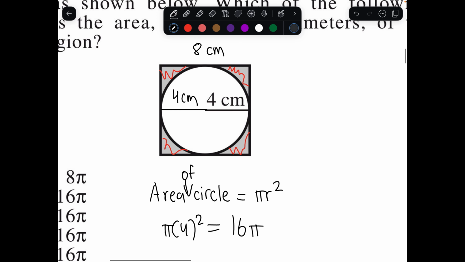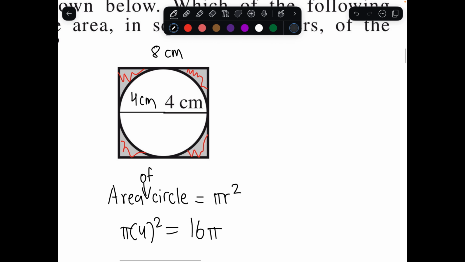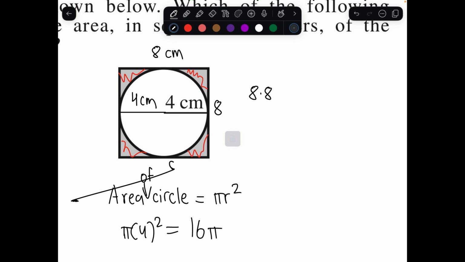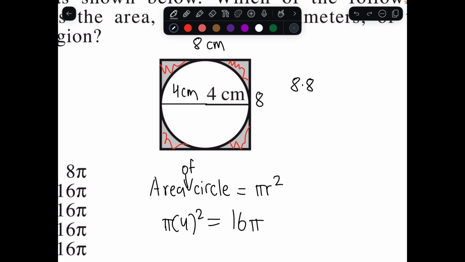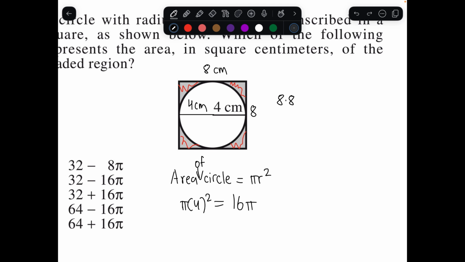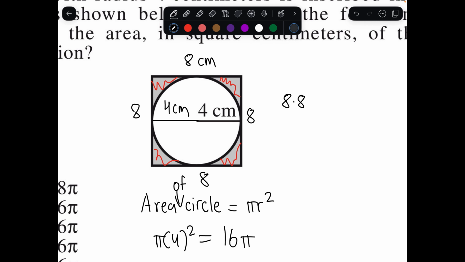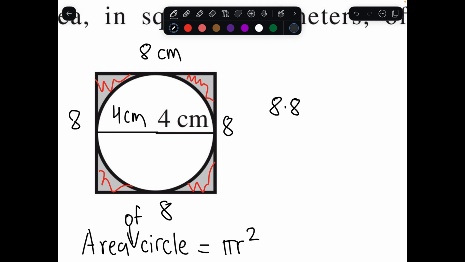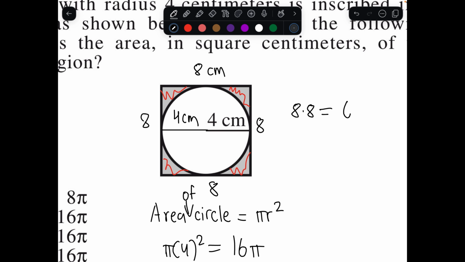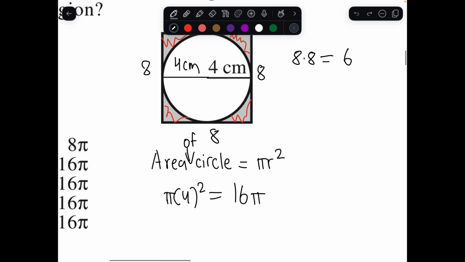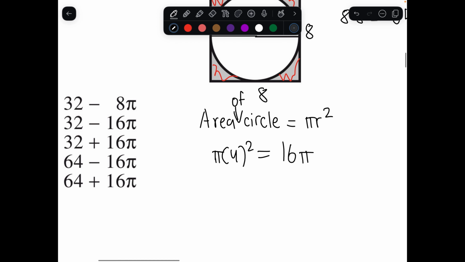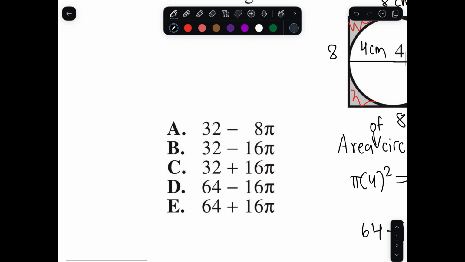And now we can figure out the area of the square, because all these other sides are 8. Right? And to find the area of the square, you just take the side length and you multiply it by itself. So you get 64. And the answer is going to be 64 minus the area of the circle, 16 pi, which matches answer choice D.